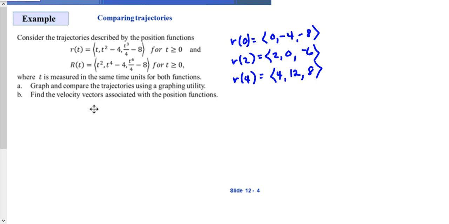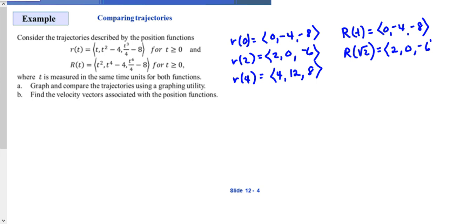Okay, let's look at capital R of t. R of t at 0 will be 0, -4, -8. I want to look at R of the square root of 2. Will be 2, 0, -6.